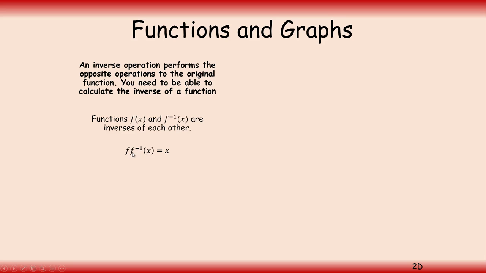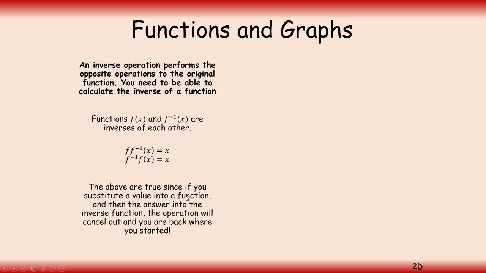You first apply the inverse function, then you apply the function, and you end up back with x. Similarly, if you apply it the other way around, the inverse function to the function, you get x. So those are some notes for you to put down. Write those down, and we'll move on to have a look at an example. When you're ready, click play again.